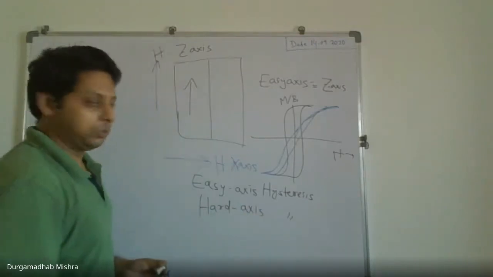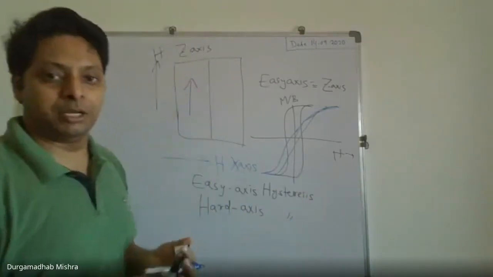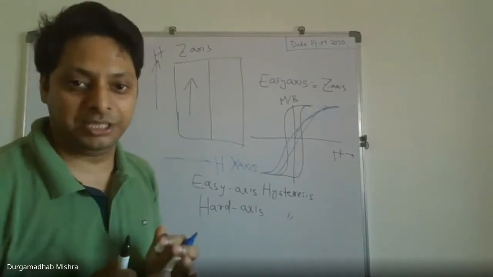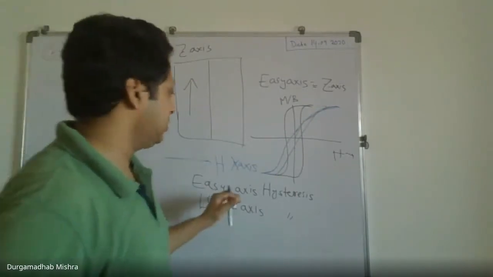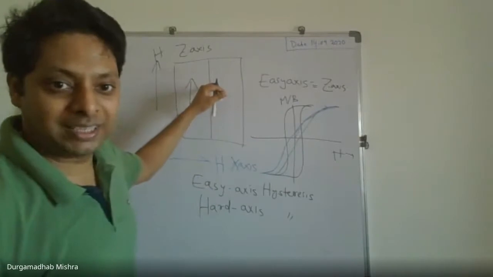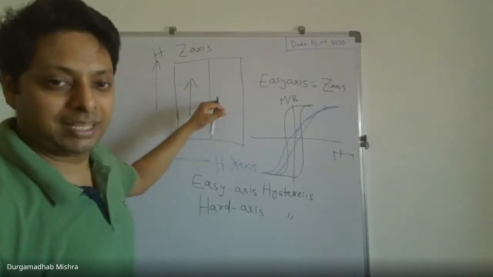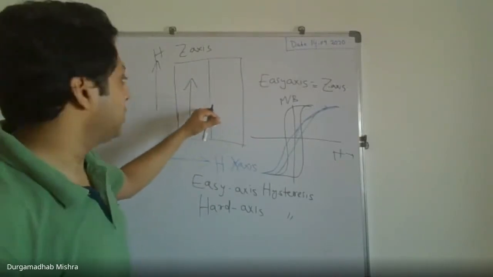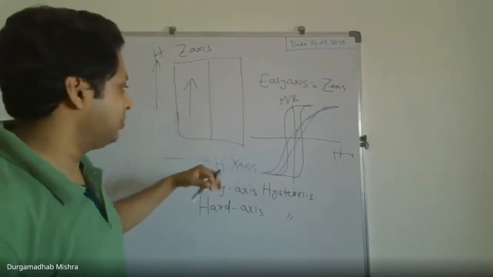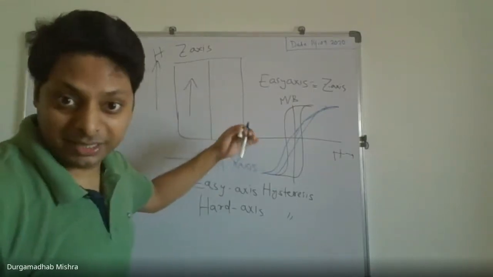Okay, so always remember the magnetic material will have an easy or hard axis. Easy means it is easy to magnetize along that direction. So the magnetization prefers to stay along that direction, and the hard axis means the magnetization doesn't like that.